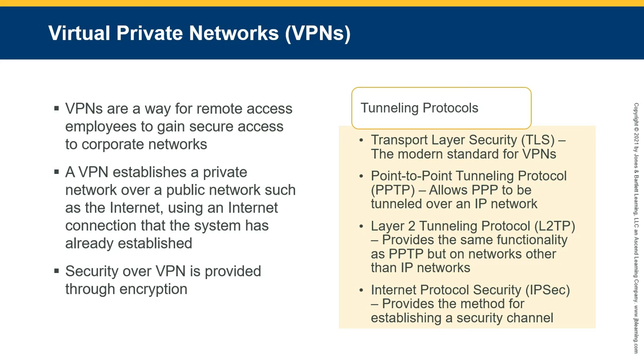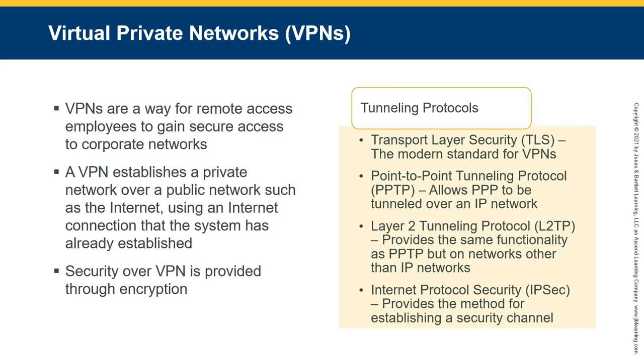Virtual private networks. VPNs are a way for remote access employees to gain secure access to corporate networks. A VPN establishes a private network over a public network, such as the internet, using the internet connection that the system has already established. Security over a VPN is provided through encryption.